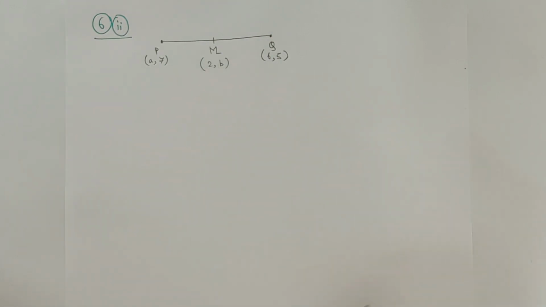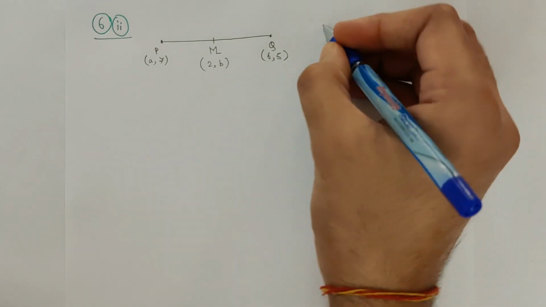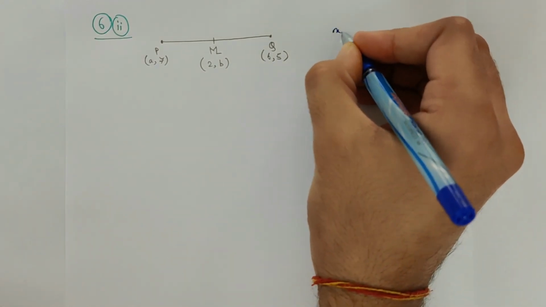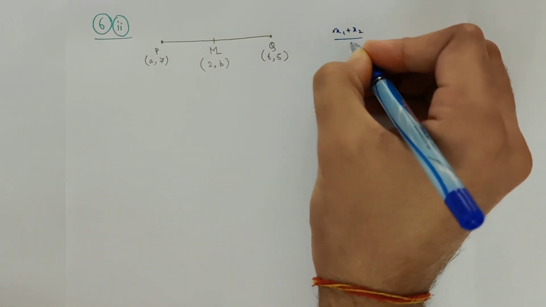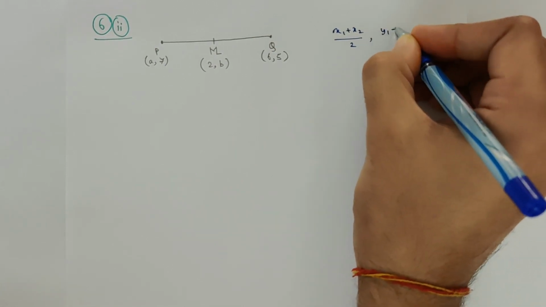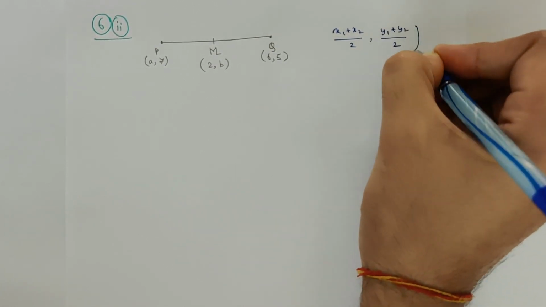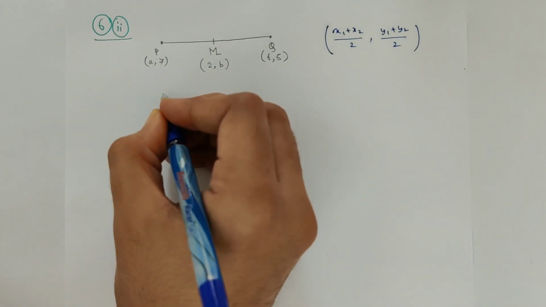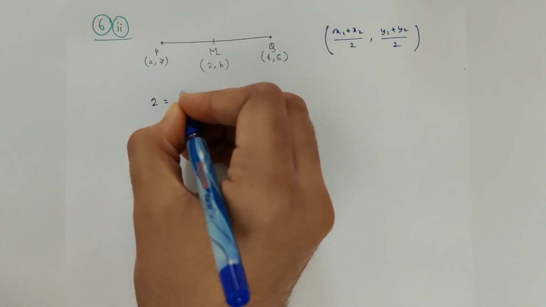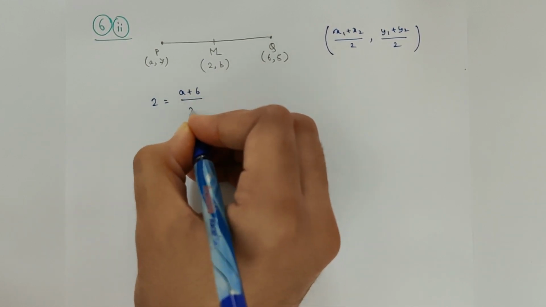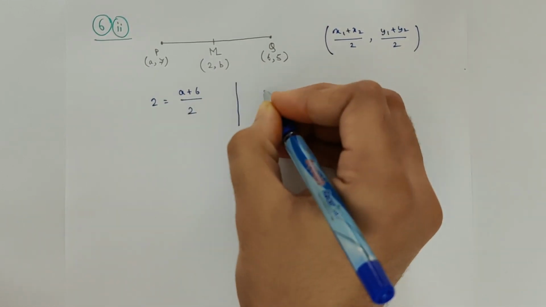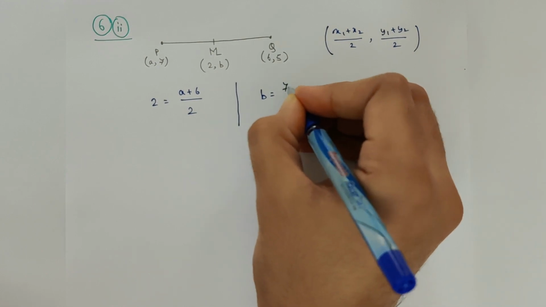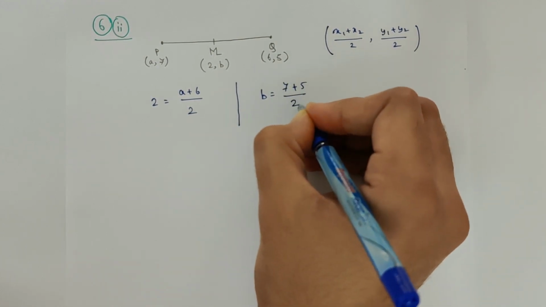We can do that using the midpoint formula. So we know that the midpoint formula is (x1 plus x2) divided by 2 and (y1 plus y2) divided by 2. So let's use that. So we will have 2 is equal to (a plus 6) divided by 2 and b is equal to (7 plus 5) divided by 2.